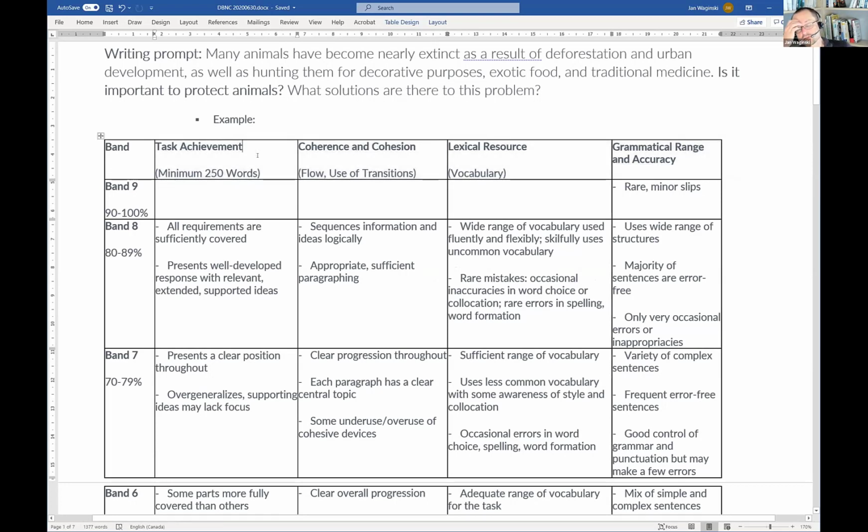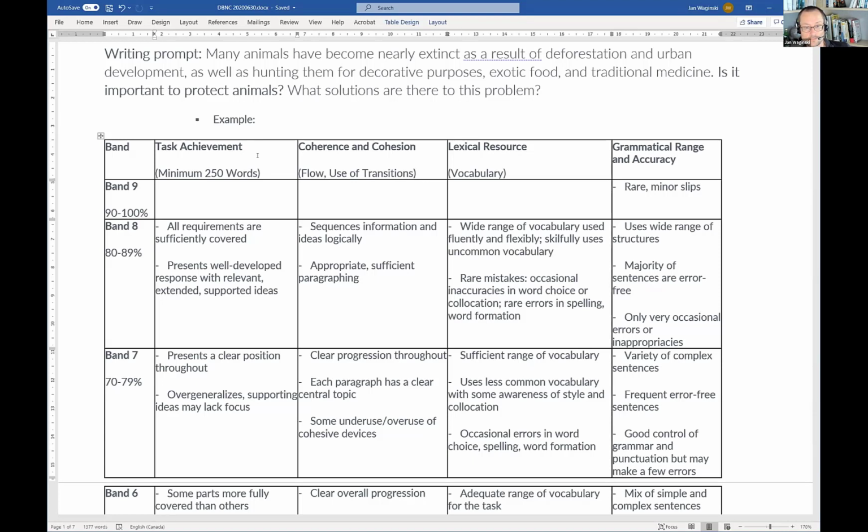Now, here's the thing that most people don't know about IELTS. And this is the one area of IELTS where what they're doing comes across as a bit shady. Now, when you're getting your overall IELTS score, they use normal mathematics for calculating your average.